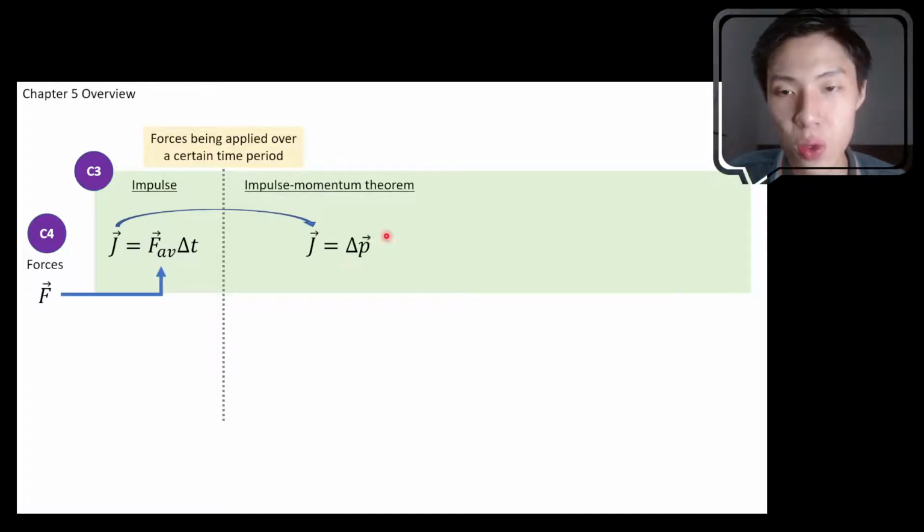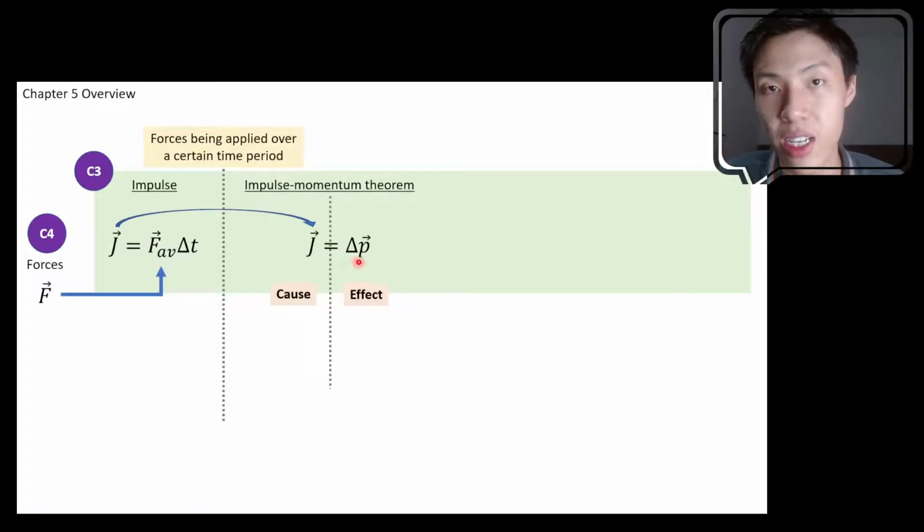So this equation forms a cause and effect kind of equation, because the left hand side shows the cause of motion, which is related to force, but the right hand side represents the effect, which is the motion itself. And what property is being observed? The change in velocity that happens to the object. So this is the impulse-momentum theorem.